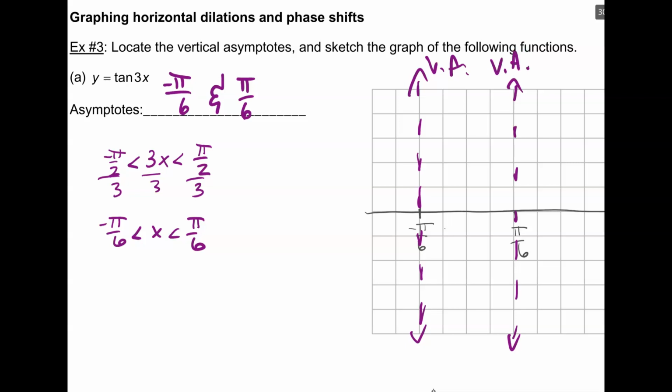This one's nice because I don't have a phase shift in this problem. All I'm doing is compressing it or stretching it out. I just have a horizontal dilation, so that's why halfway between negative pi over 6 and pi over 6 is 0.